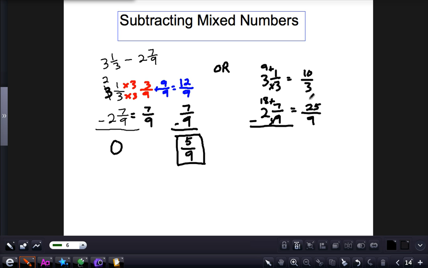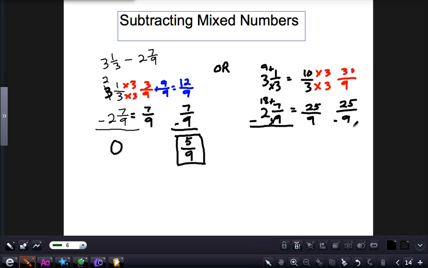Now I don't have the same denominator, but I will convert 10/3 into 9ths again by multiplying 3 times 3 to get 9. So 10 times 3 is 30. So I've got 30/9. Take away the 25/9.